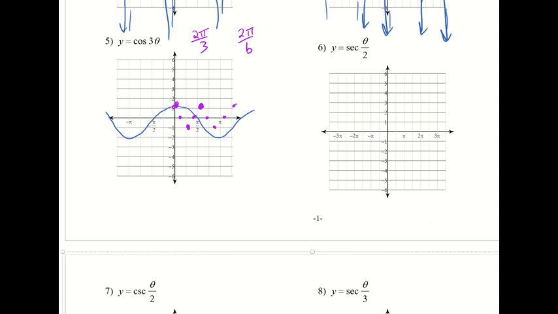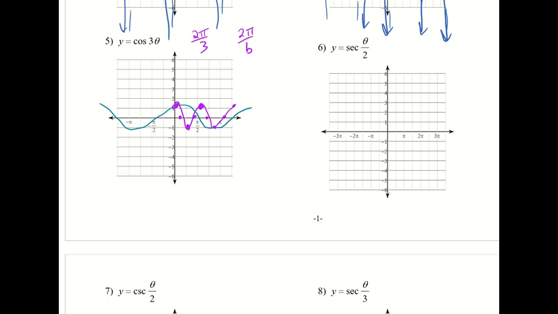So if we connected these, it's going to take a much shorter period to repeat values. And I did not do a great job with this original cosine. I apologize for that. Just doing some quick freehand of this. You get the picture.